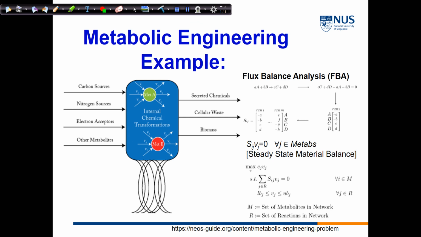And this is steady-state material balance. This is a biological system, but in the chemical process, you can also formulate the chemical reaction material balance. This balance will here again become your optimization constraints because it's equations, equality constraints.